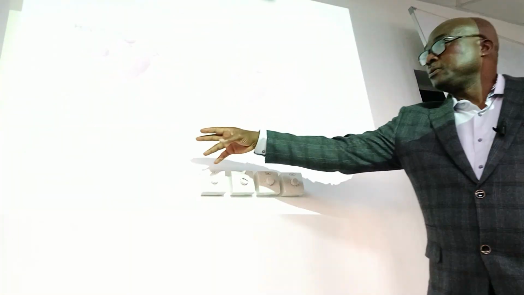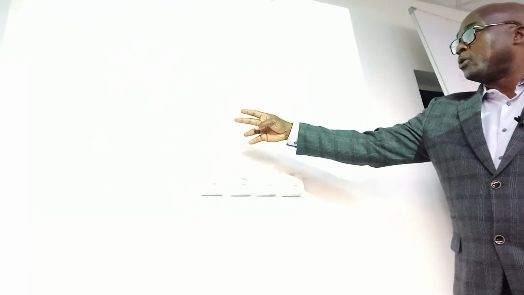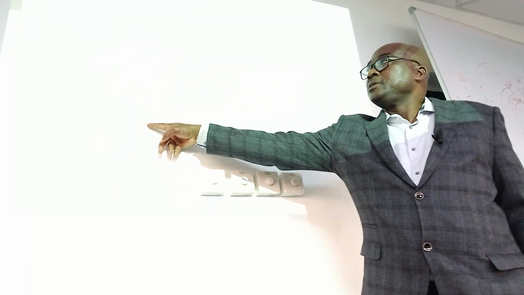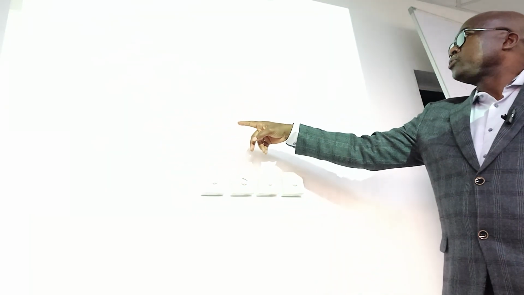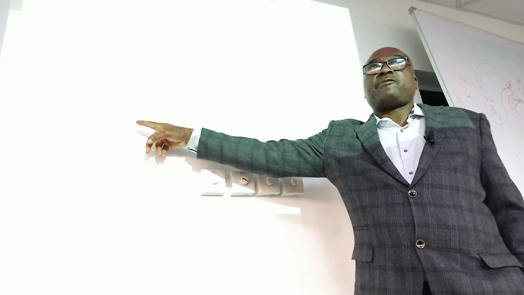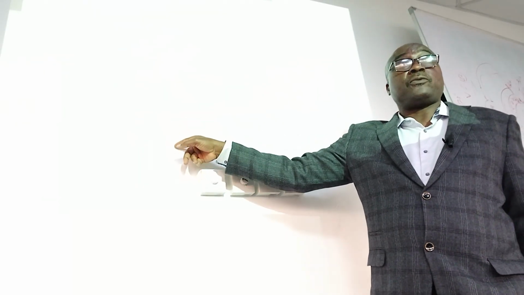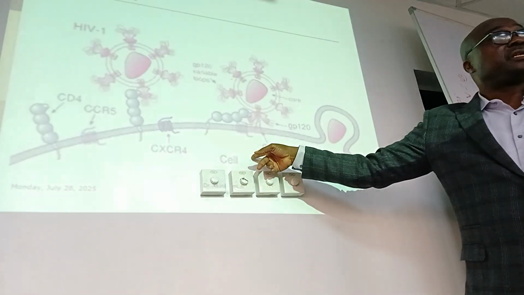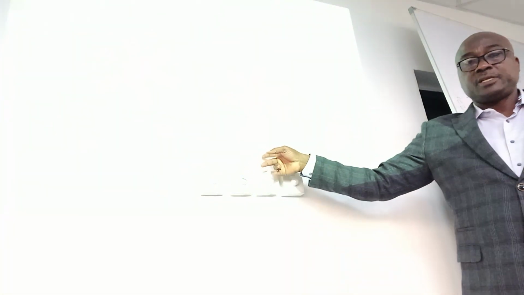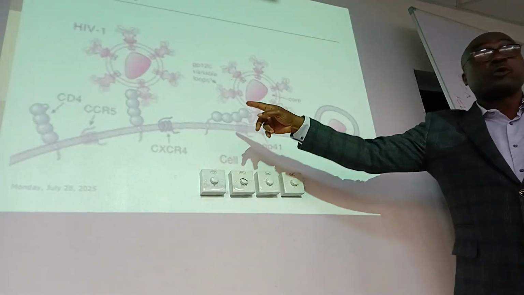HIV-1 binds through glycoprotein 41 to the CD4, needs the CD4, but it also needs CCR5 and CXCR4 to penetrate the cells. Okay, it needs these glycoproteins.